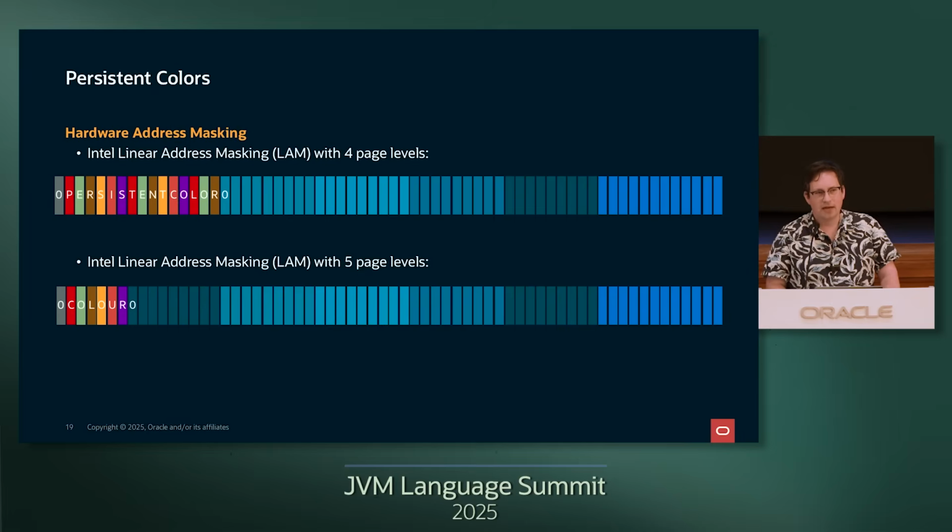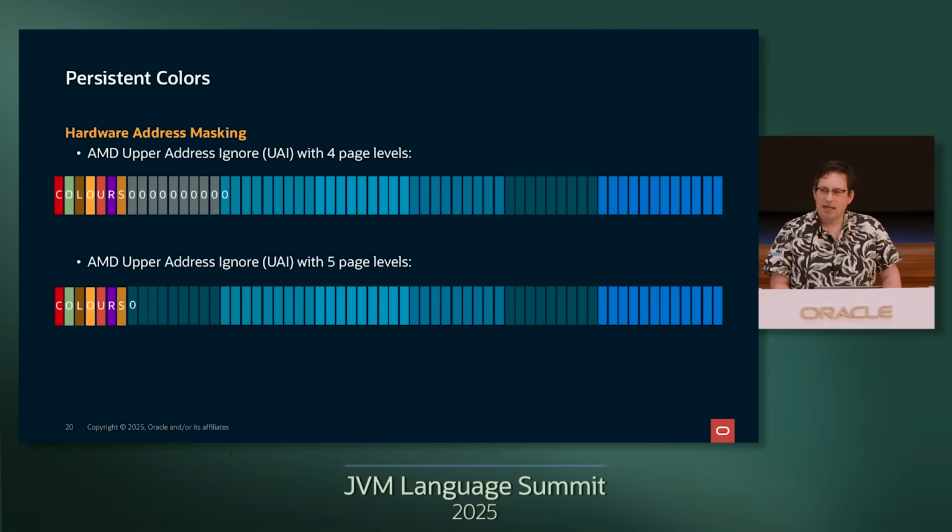The number of bits you get there depends a bit on the level of paging that you're configured to use. With 4-level paging, you have 15 bits, and with 5-level paging, there are 6 bits you can use that the hardware will just ignore when you dereference. AMD has a similar feature called upper address ignore, and it uses 1 more bit. I guess we're less afraid of the high order bits changing the sign.